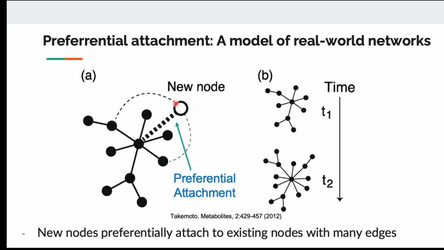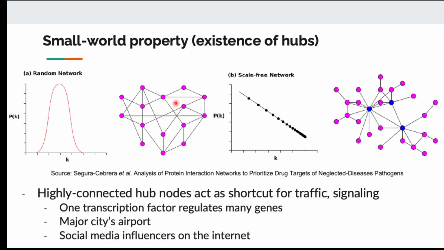When this network grows over time, so one way we can think about this network is that it grows over time. If we think about biological networks, in bacteria, when we first have a simple life form, we have only a few proteins. So the network is small. But once we develop eukaryotes, the animal, and then into human, we have more and more genes, more and more proteins. So you can think of the biological network as growing over time.